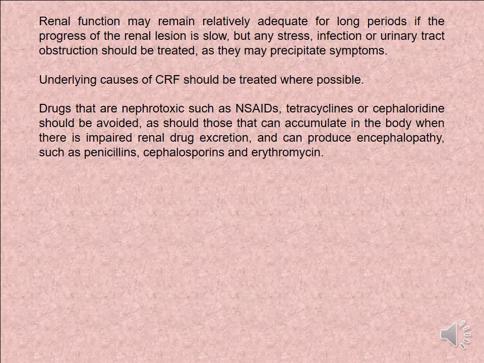Drugs that are nephrotoxic, such as non-steroidal anti-inflammatory drugs, tetracycline, or cephalosporin, should be avoided, as should those that can accumulate in the body when there is impaired renal drug excretion and can produce encephalopathy, such as penicillin, cephalosporin, and erythromycin.